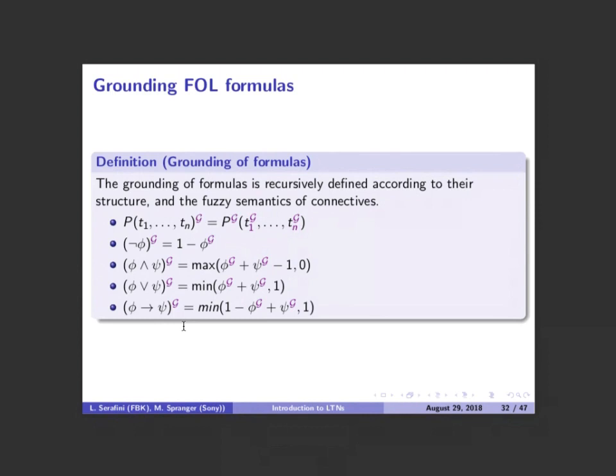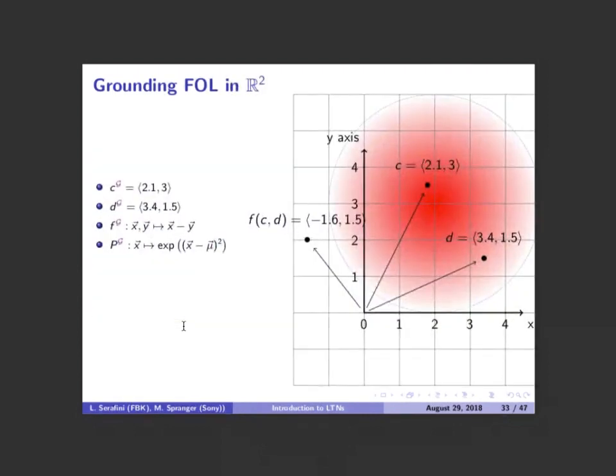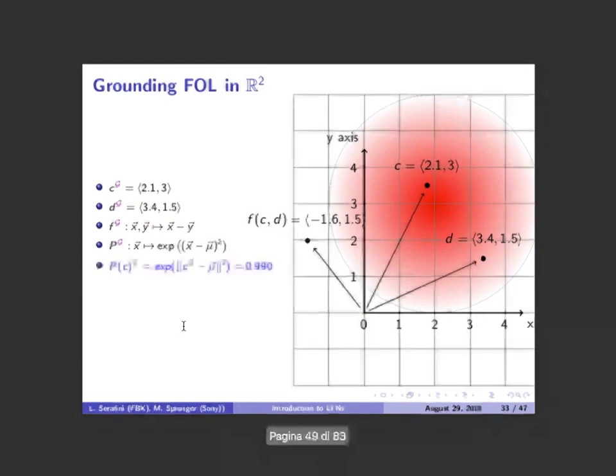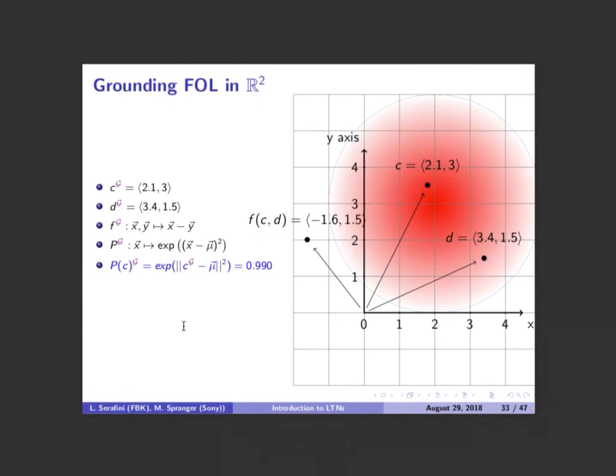So now we have a way of, given this, which is data, calculating P of C, which is membership of C to that predicate or that class. We get a value, 0.99, C is very much in the set. And P of D, D is not so much, it's towards the border.